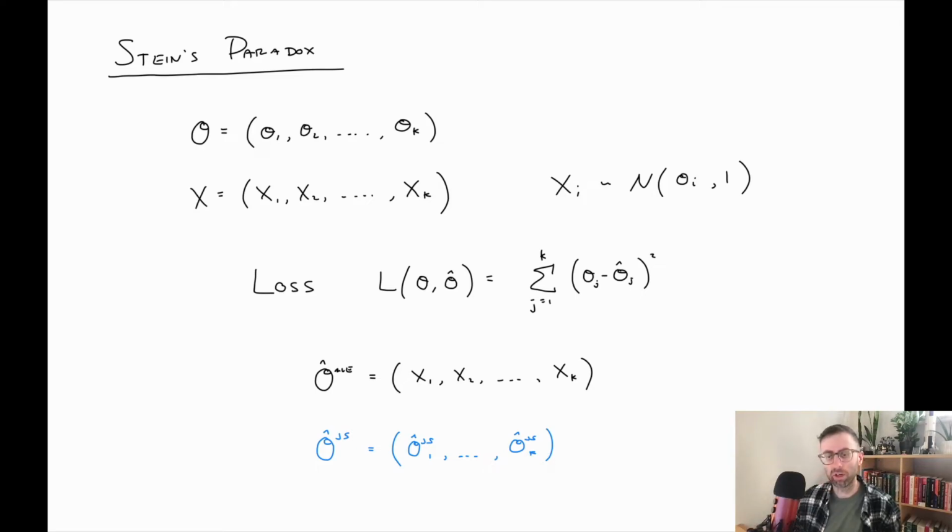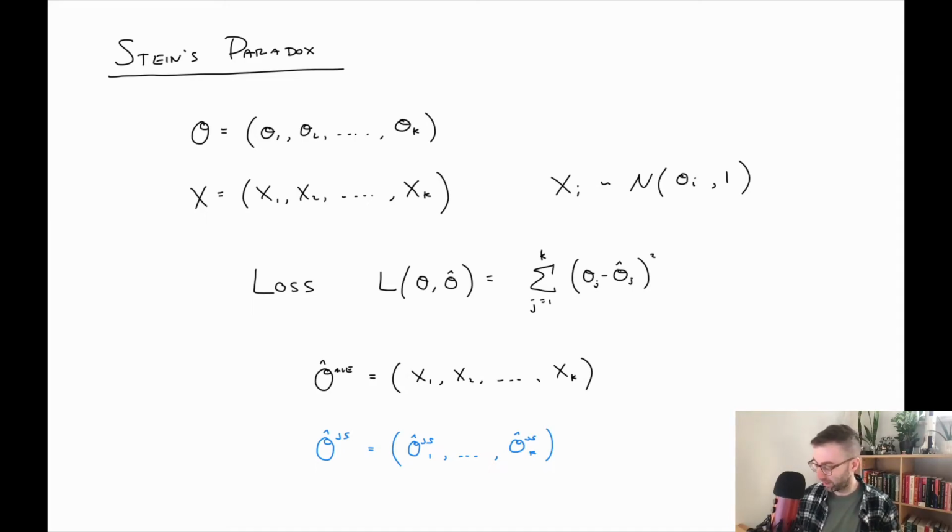And what we're going to observe is a vector x that contains x1, x2 through xk, where each individual x is sampled from a normal distribution with the corresponding theta as the mean. So we could call this the many means problem. And for the sake of simplicity, we're just going to assume they all have standard deviation 1. You could have different variances, but we're not going to talk about that case.